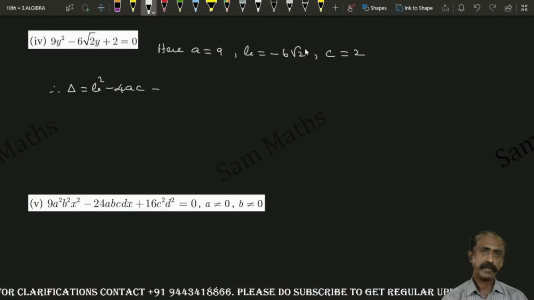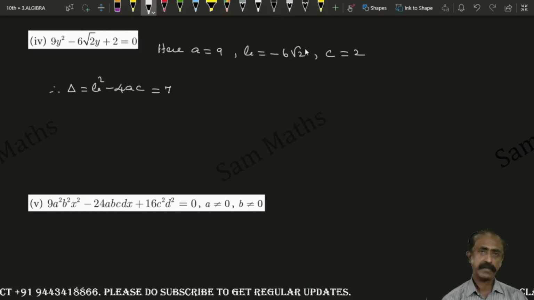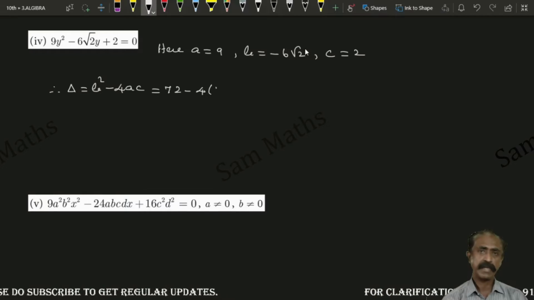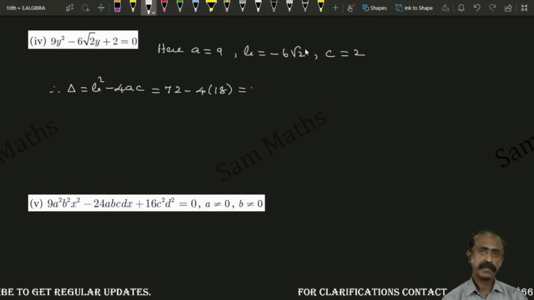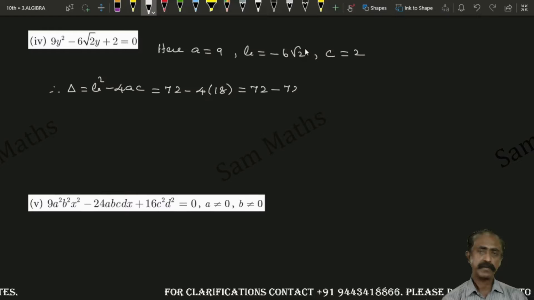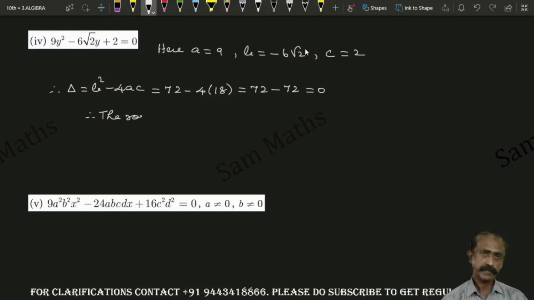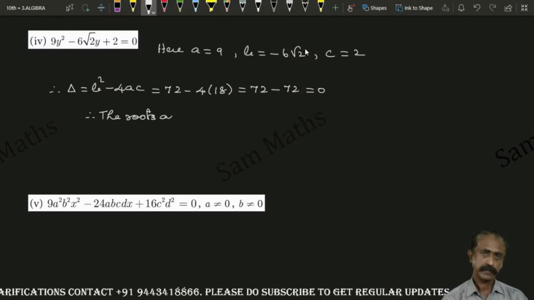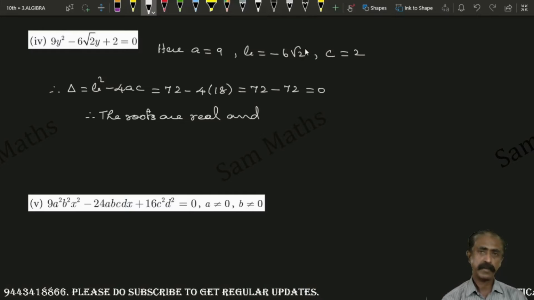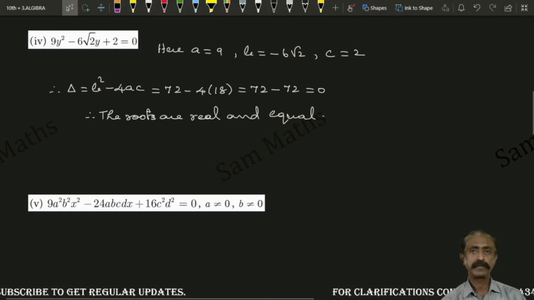We have to square b, so 36 into 2, that is 72, minus 4 into a into c, that is 72, which is equal to 72 minus 72, equal to 0. Therefore, the roots are real and equal.